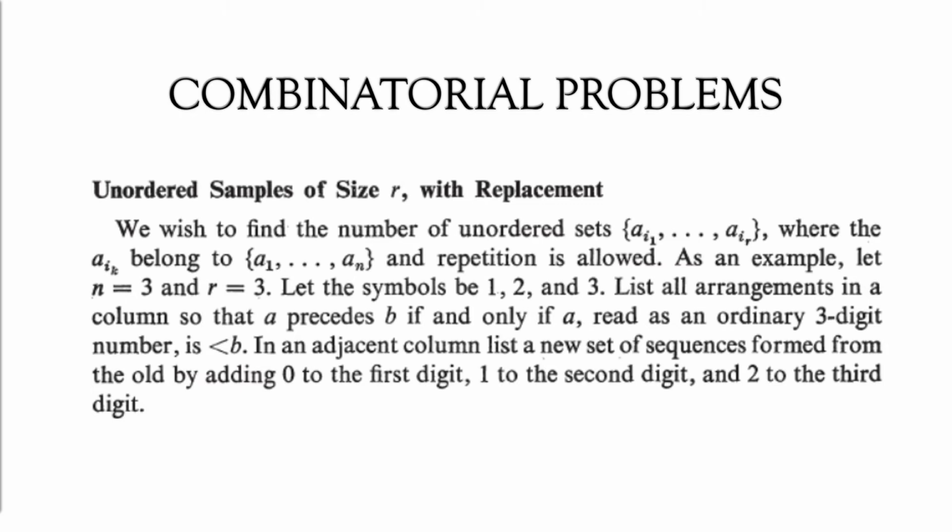As an example, let n equal 3 and r equal 3. Let the symbols be 1, 2, and 3. List all the arrangements in a column, so that A precedes B if and only if A, read as an ordinary 3-digit number, is less than B. In an adjacent column, list all the new sets of sequences formed from the old by adding 0 to the first digit, 1 to the second digit, and 2 to the third digit.